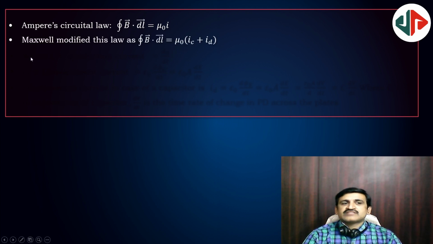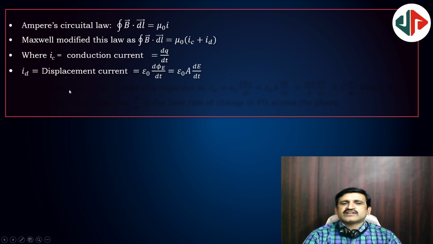Maxwell modified this equation this way: the line integral over a closed path of B dot dl is equal to mu naught times (IC plus ID), circuit current plus displacement current, where circuit current IC is equal to dq by dt, and displacement current is epsilon naught d phi by dt.